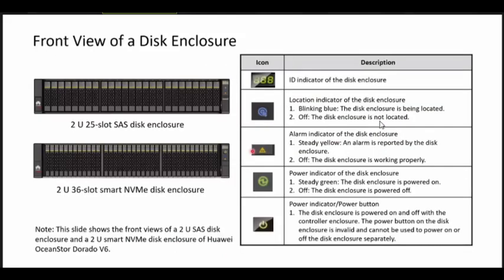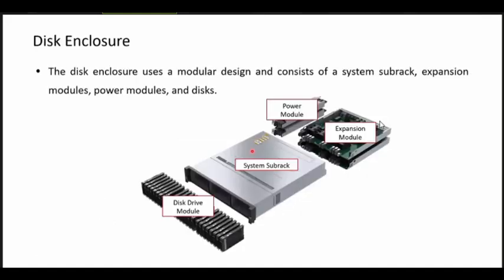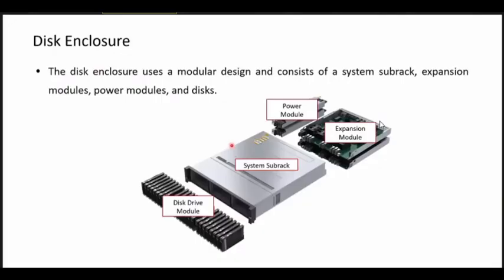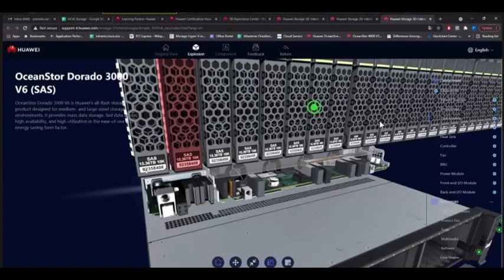It will still have the same stuff. That's why they have the indicator module and the location indicator, because all the Huawei products look the same, except for the Dorado products, of course.